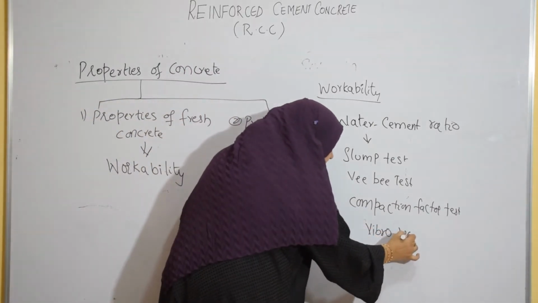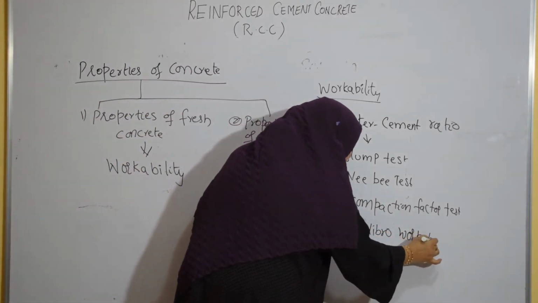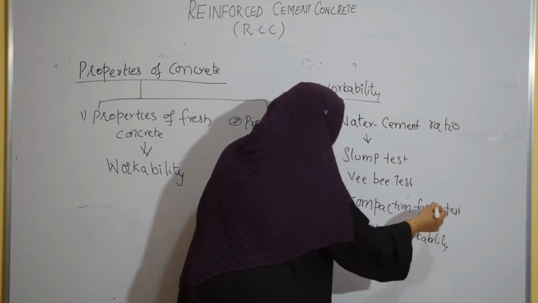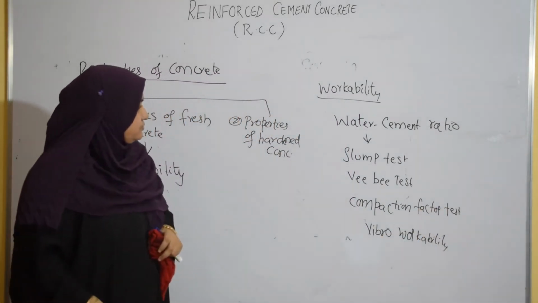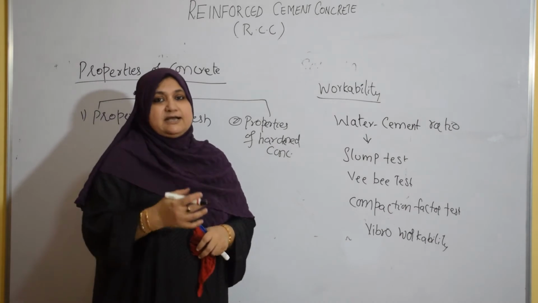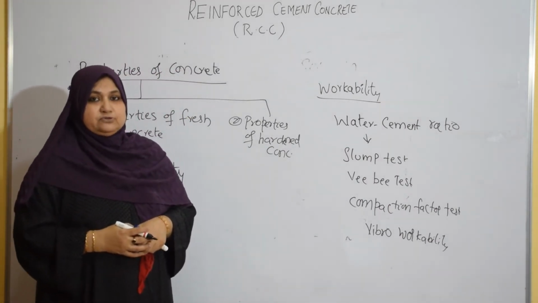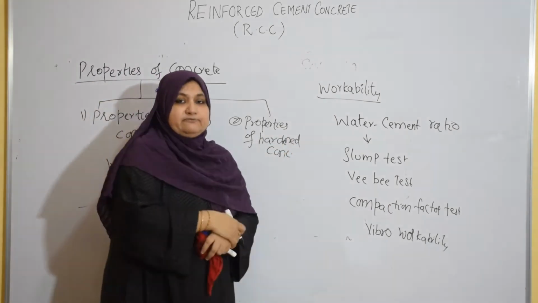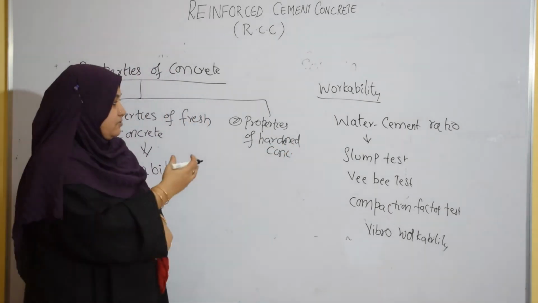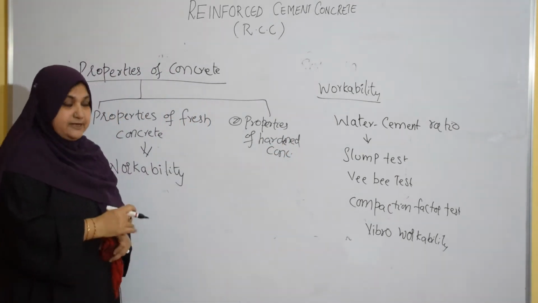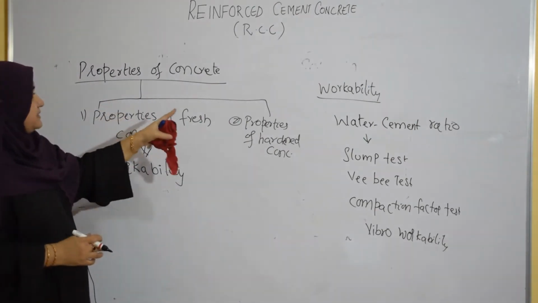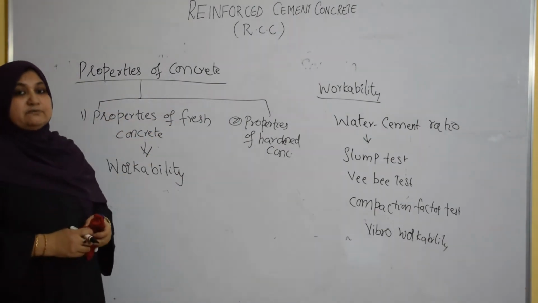These are the four tests using which we can find out the workability. Let us not go deep into the slump test, as we have to add the analysis part also in our videos. You can go through it, as how to conduct this test is available in the literature. This is one property which all civil engineers must know.